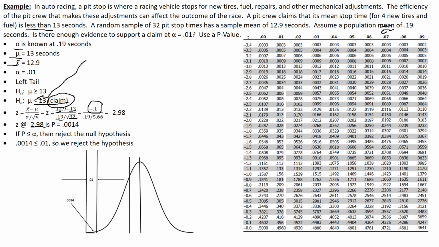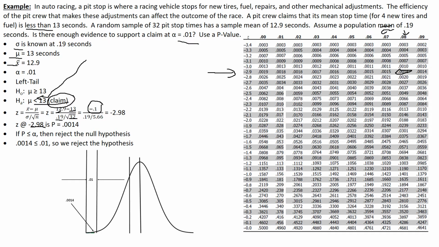Now let's look up what that is. What percentage is that under the curve? Here's negative 2.9. Let's find 8 here, 0.08. So negative 2.98 is 0.0014. So at 0.0014, and we're talking about an alpha of 0.01.